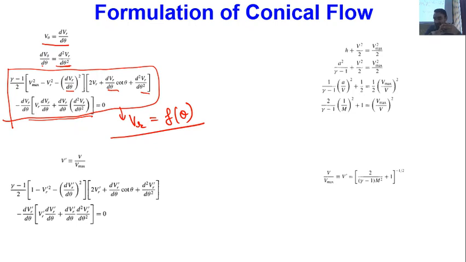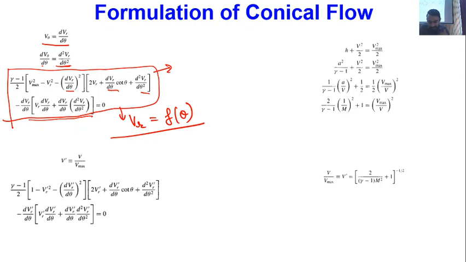So Vr is a sole function of theta, which means I can independently solve this equation to find the value of Vr. Is this one clear? For a given value of theta, I can independently solve this equation to calculate the value of Vr.